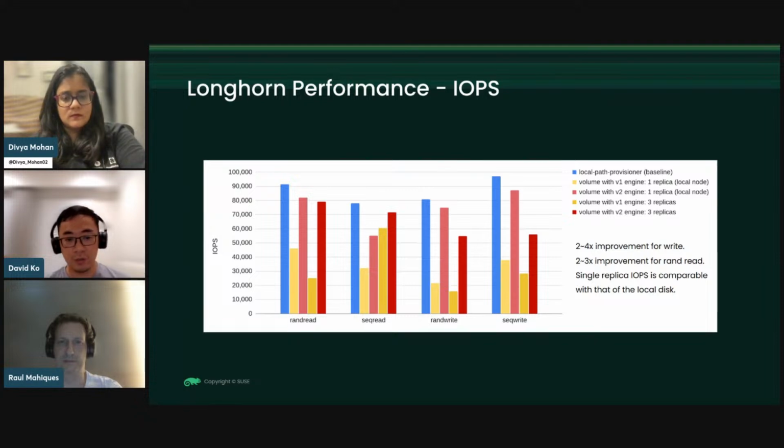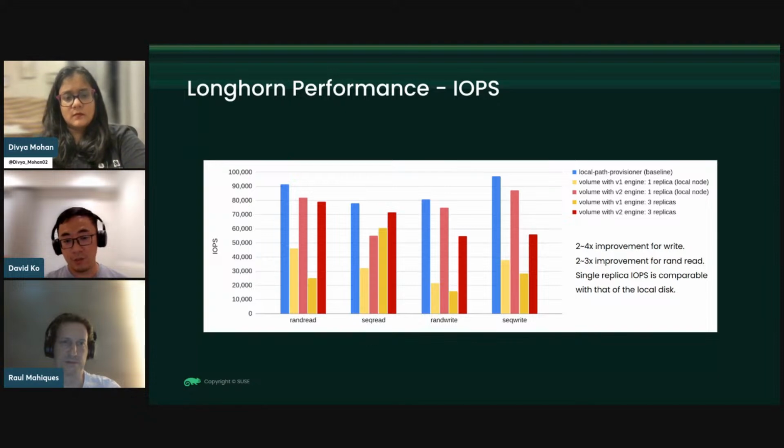So if you look into the one-replica volumes for V1 or V2, you will see the light red bar is very close to the blue bar, so it's very close to baseline performance. But compared with V1, you will see V2 gains a lot of performance over V1.